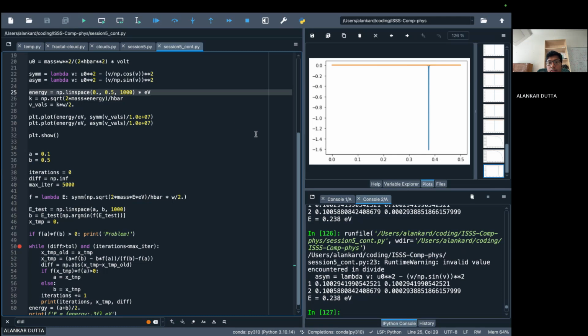Let's see. Yes, there seems to be something between 0.3 and 0.5, and this is exactly the loop this solution is giving.